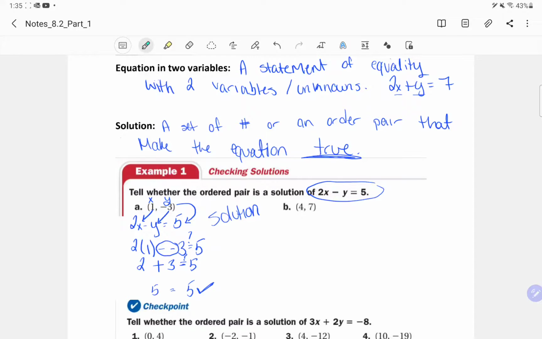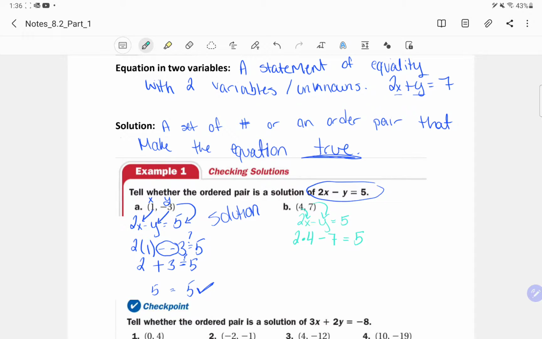The other one, we're going to do the same thing. We just have a new point, but we still have the same equation. So I'm going to replace 4 and 7 with their variables. So x is 4, y is 7. So this will become 2 times 4 minus y gets replaced with the 7, and that's still equal to 5.